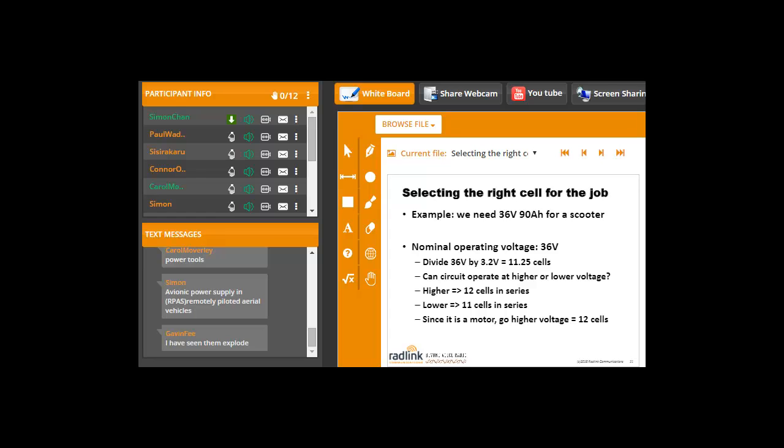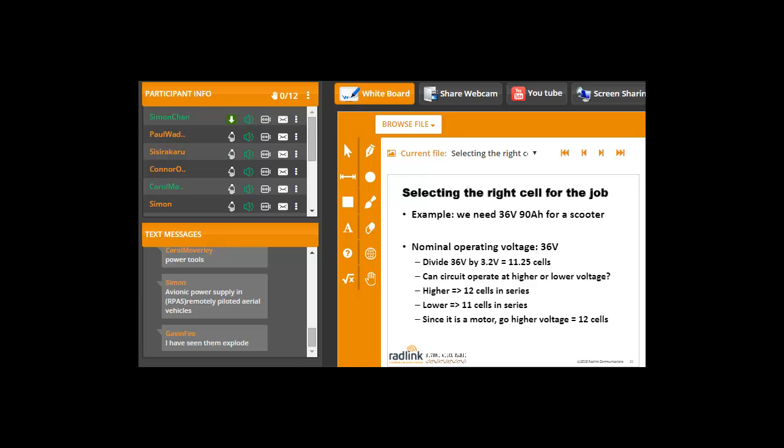Well, because it's a lithium ferrophosphate battery, it will allow us to run down to 100% depth of discharge, which is quite amazing. But we know that 100% depth of discharge is reached when the voltage across the cell drops to 2.5 volts. So you've got 12 cells in series multiplied by 2.5 volts.